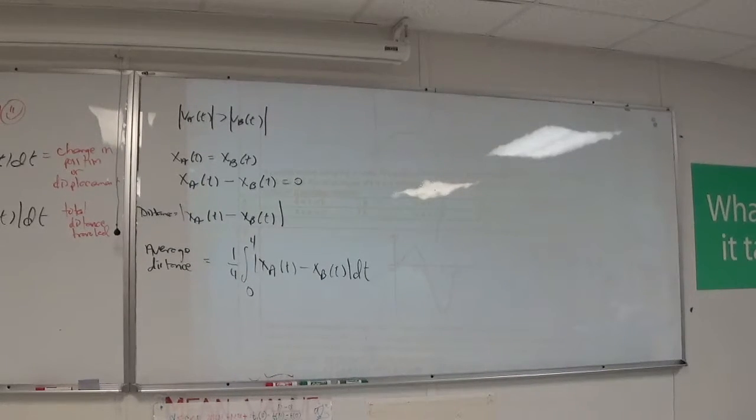So that I can do it as B of T. But the thing is, what is position the same as velocity?